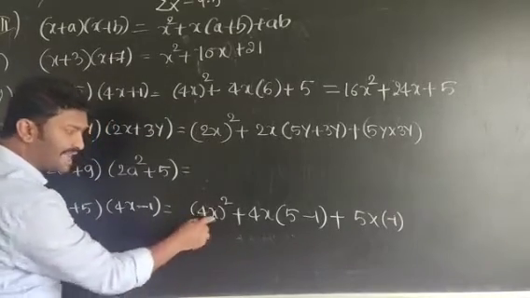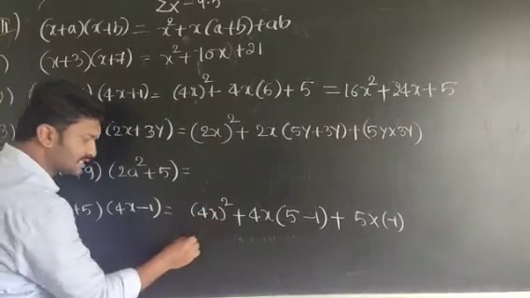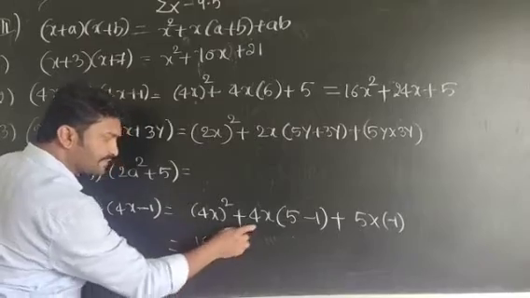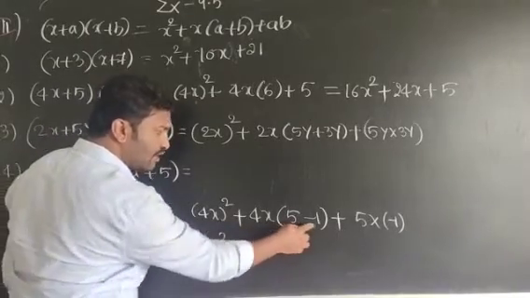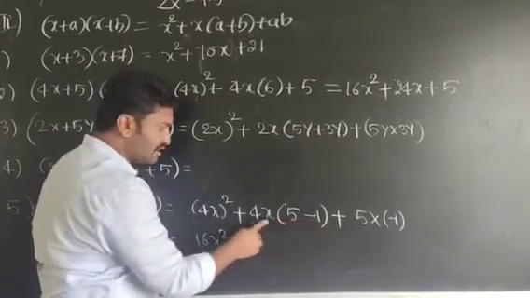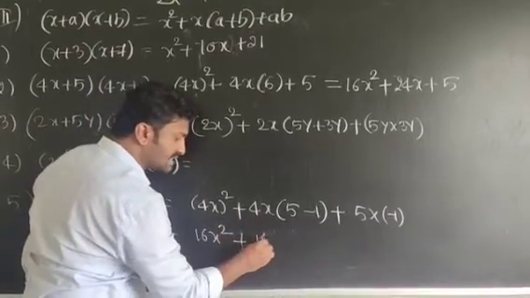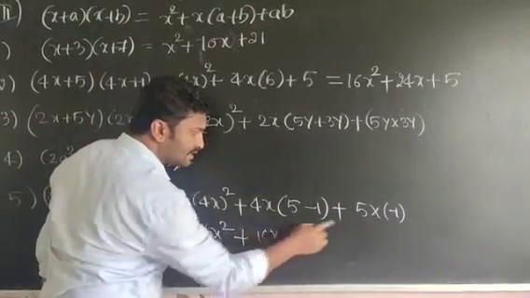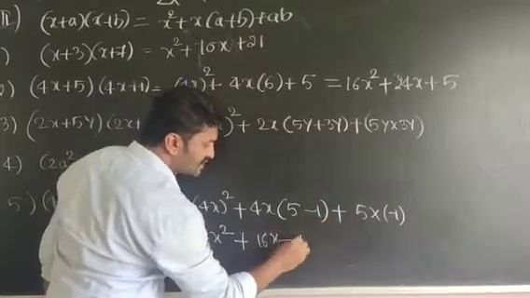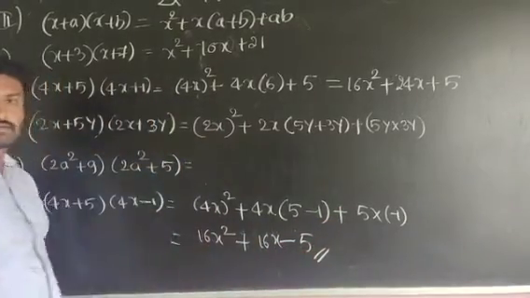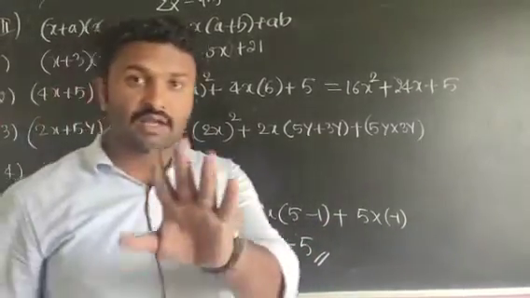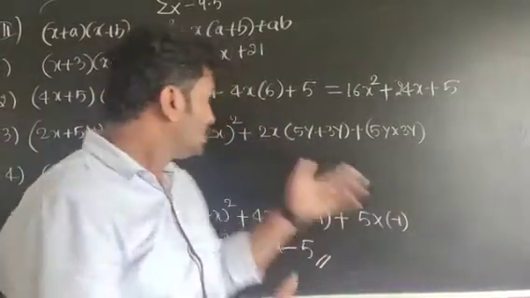Apply square for both 4 and x: 16x square plus, 5 minus 1 is 4, 4 4s are 16, 16x, and plus into minus, minus 5. This is the answer.